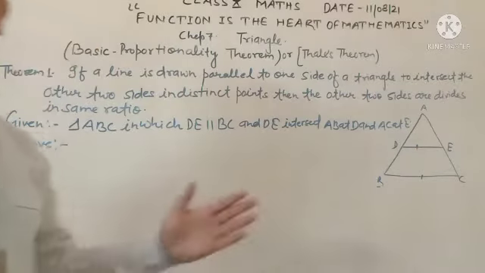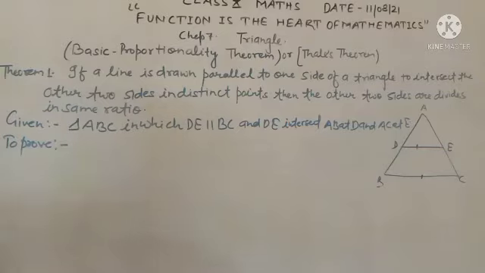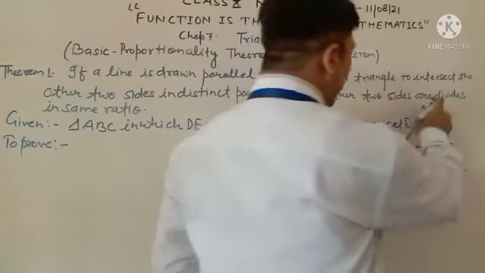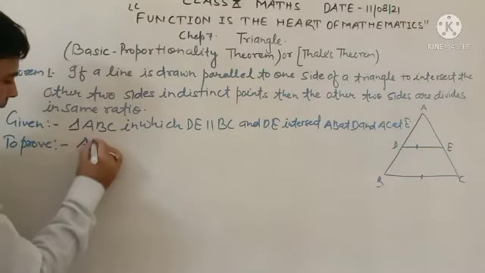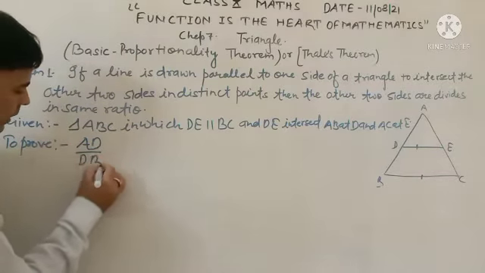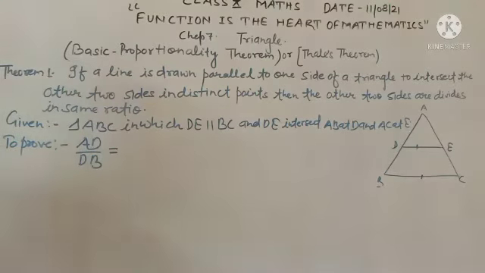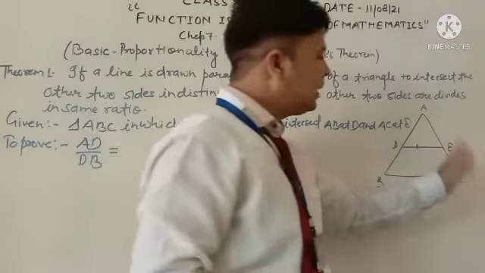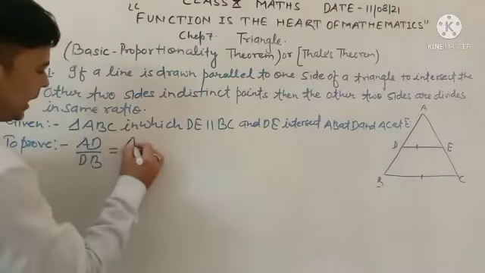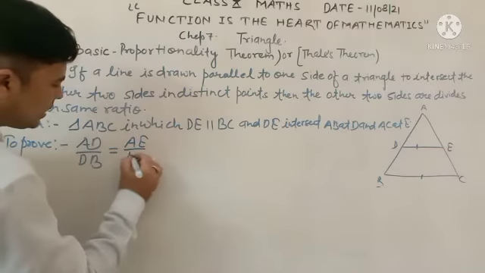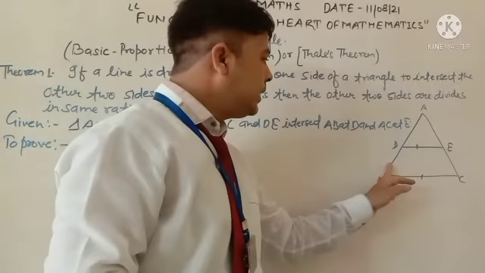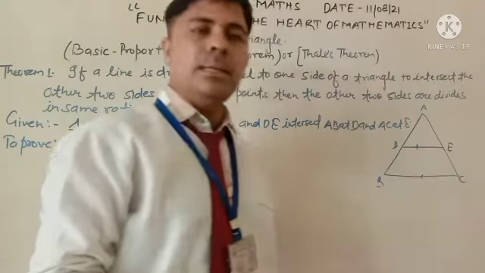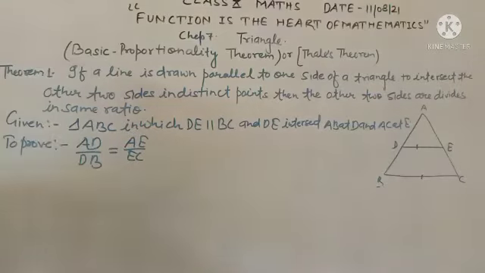You have to prove AD upon DB is equal to AE upon EC. You need to prove that.